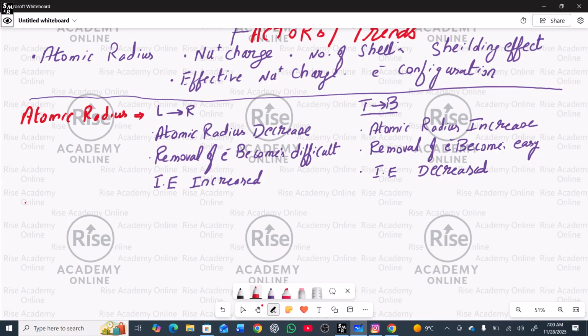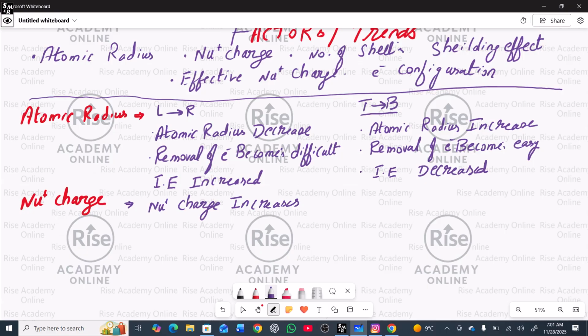And the next factor we are going to discuss is nuclear charge. Actually, this factor basically affects atomic radii. As you know that in moving from left to right, nuclear charge, the number of protons actually, increases. So this affects the atomic radii.